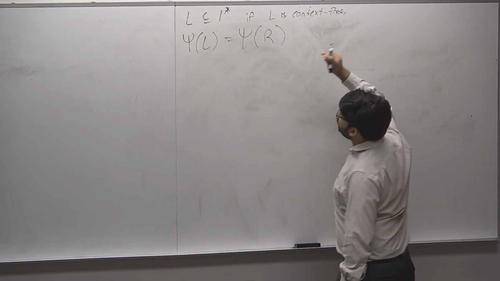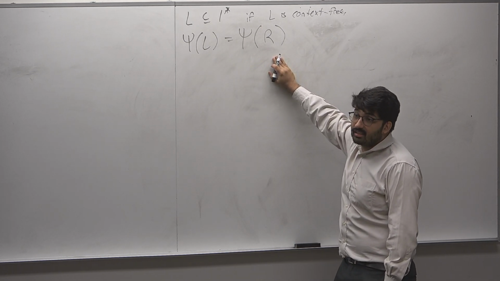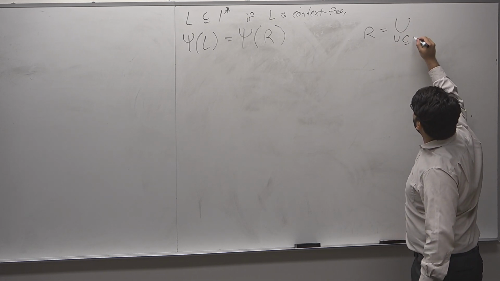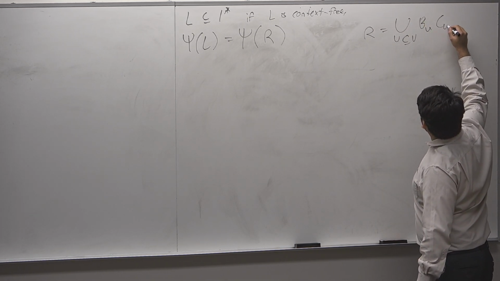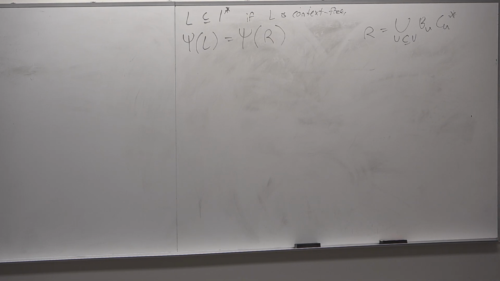For every context-free language, there's some other language which is regular, that's letter equivalent to it. Where R was the union of U and V, of B, U, C, U star. Doesn't really matter what that exactly is, but it's regular, and that's all we really care about, right? L is a context-free language is letter equivalent to a regular language.